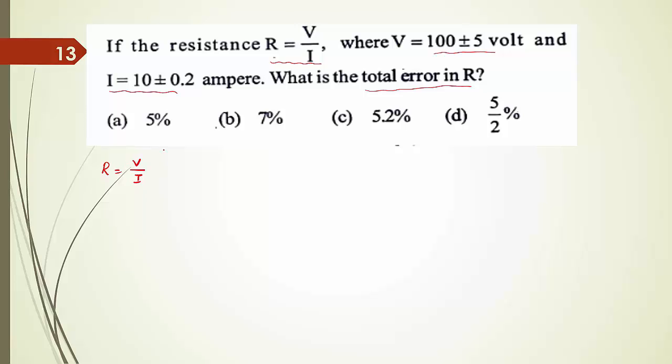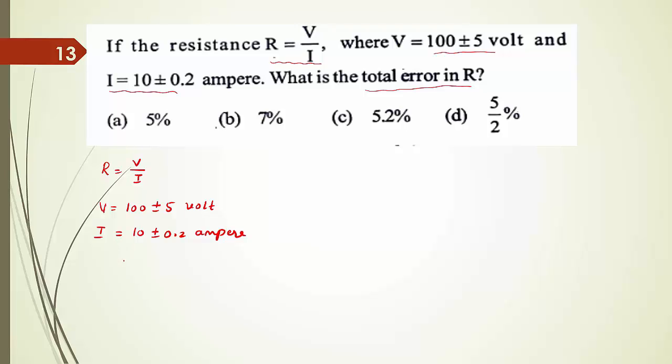So we can use error in division. V value is given as 100 plus or minus 5 volt and electric current I value is given as 10 plus or minus 0.2 ampere. Using these values we can easily find the total error in the resistance R.